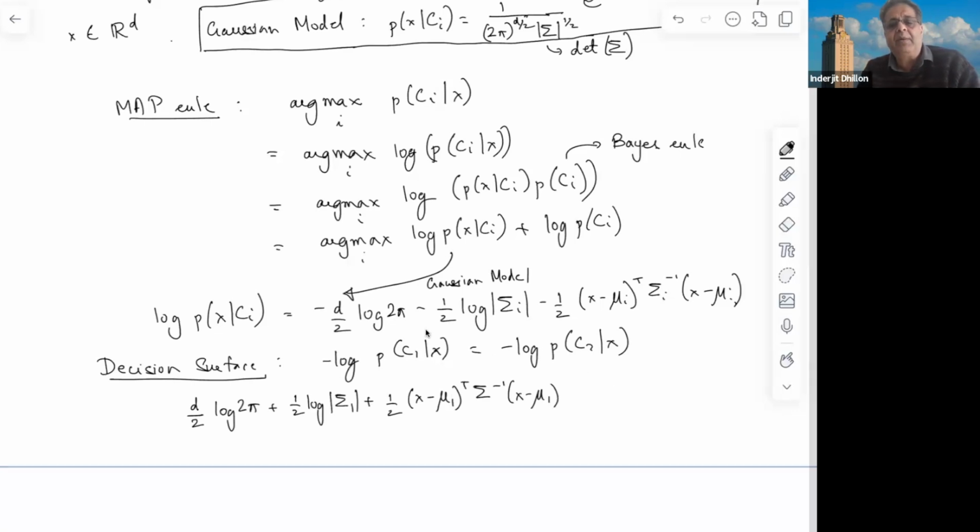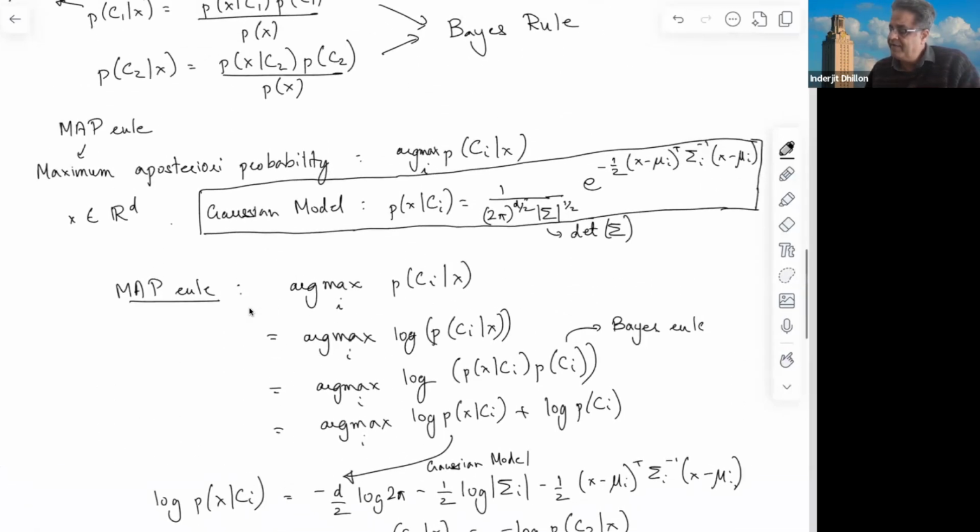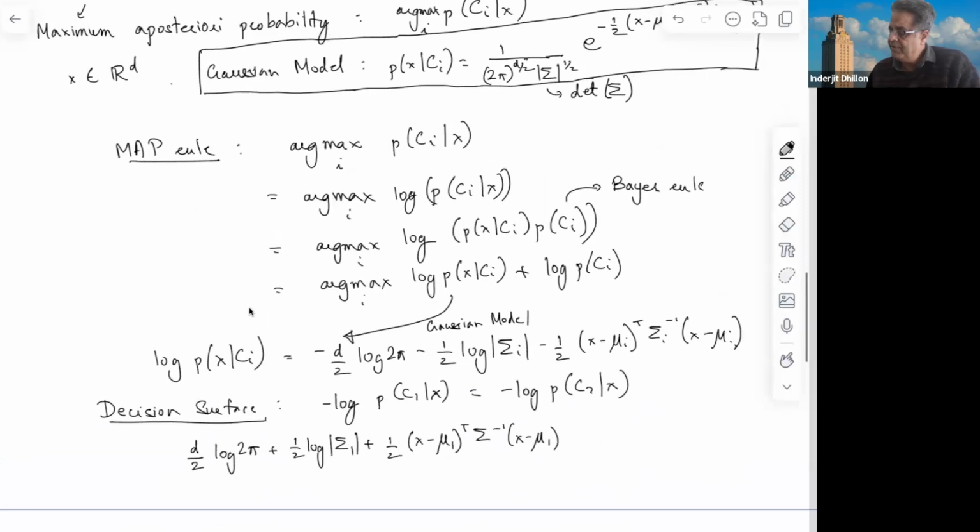So remember that I'm doing P of C1 given x. This is P of x given Ci. And then I have plus log of P of Ci. And remember, I took the negative of that, so it is minus log of P of C1.